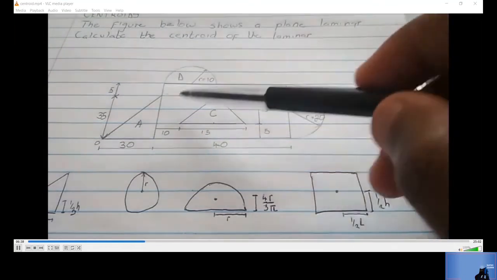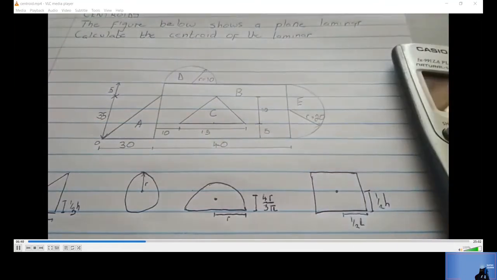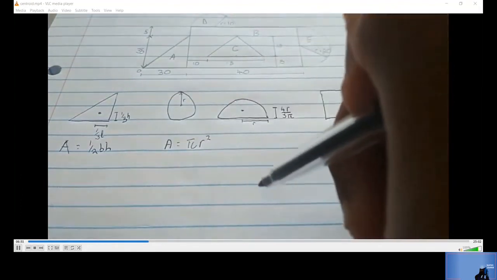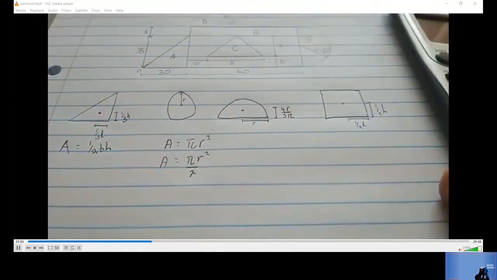Okay, now let's go to D. Where is our D? D is there. Okay, the area of a circle is pi r squared. But the area of a half a circle is still pi r squared, but it's divided by 2.